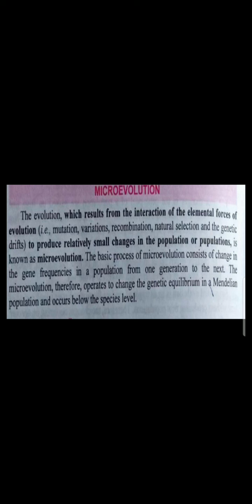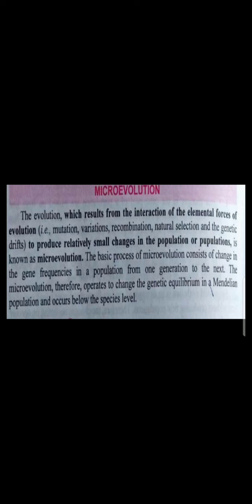The variations introduced in the gene pool of a population by mutations and recombination are operated upon by natural selection. As a result, the offspring of the population are found to be different genetically as well as phenotypically. This changed population or descendant population is the product of microevolution. Changes produced by mutation and recombination may or may not be beneficial.